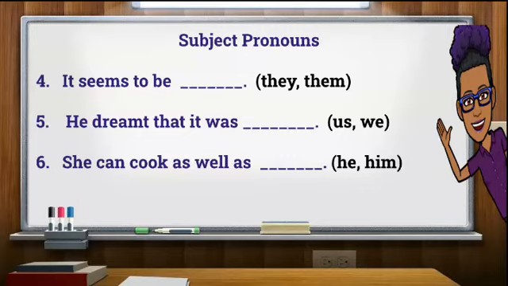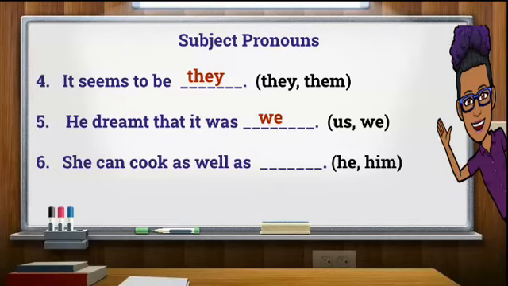So let's go back to number 4. It seems to be, we have that verb to be, and we have that subject pronoun they. It seems to be they who, and we can add an extra to that. Number 5, he dreamt that it was, we have us and we, and we know it would be we after that verb to be, was.